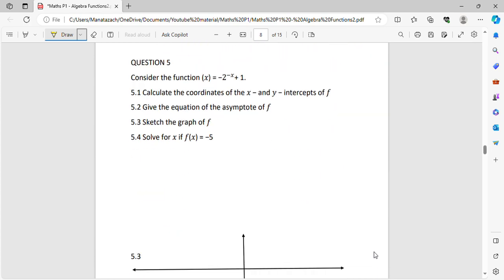Okay, so now let's go to the next question. Question 5, consider the function f of x is equal to minus 2 times 2 to the power minus x, plus 1.